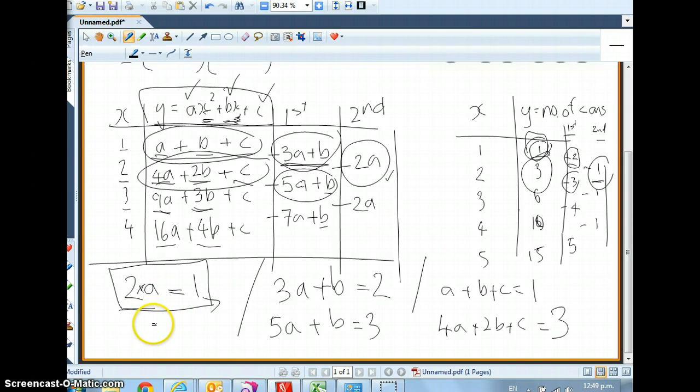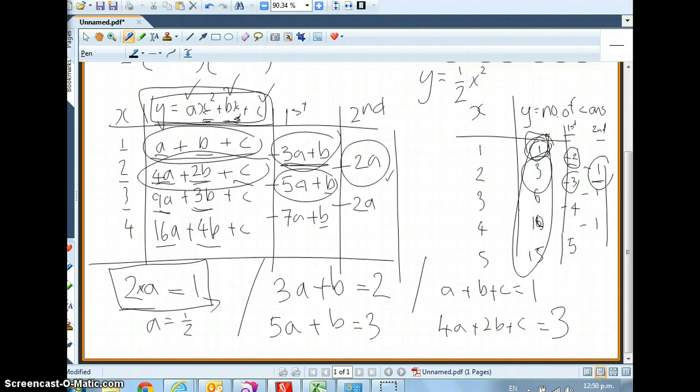What's a? Half, or 0.5. So, from my general equation, I can start by writing y is equal to half x squared. That is the first part of the equation for this pattern.